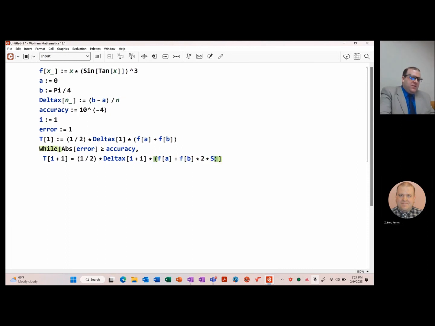Remember, we said that was 2 times the sum. Right, so what are we summing? f of a plus j times delta x of i plus 1.